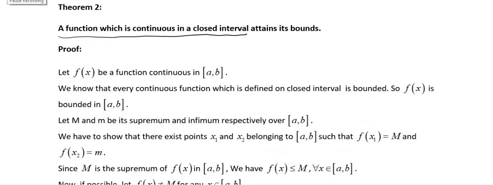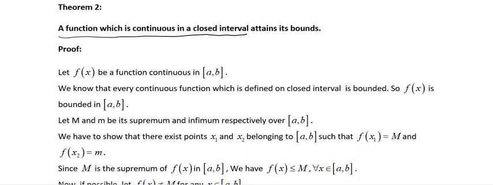Once again, given that f of x is continuous in closed interval a comma b, and we know that every continuous function defined on a closed interval is bounded, so f of x is bounded in closed interval a comma b.